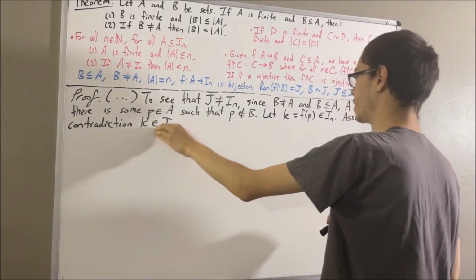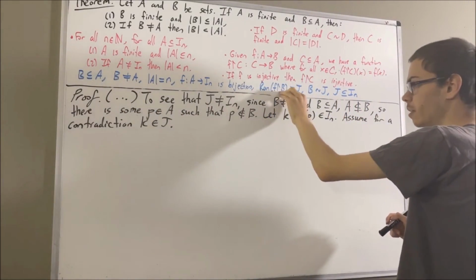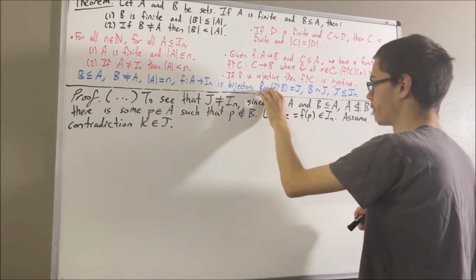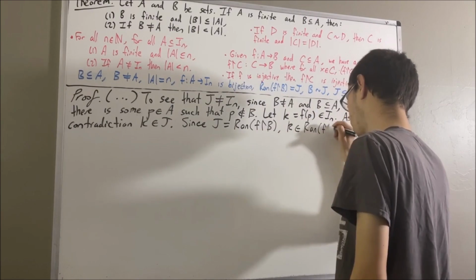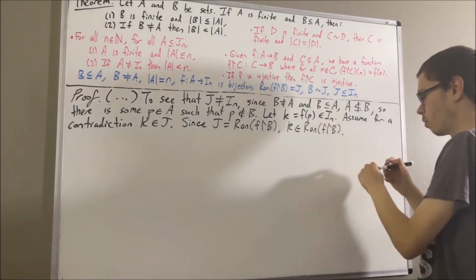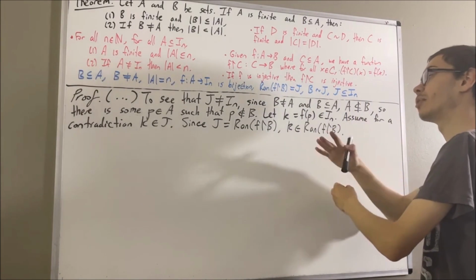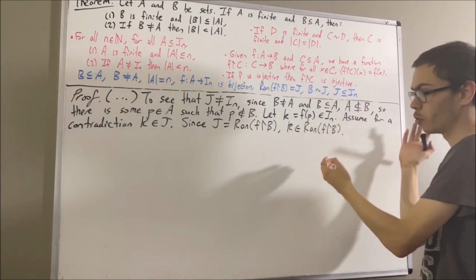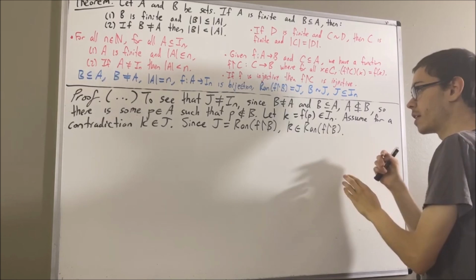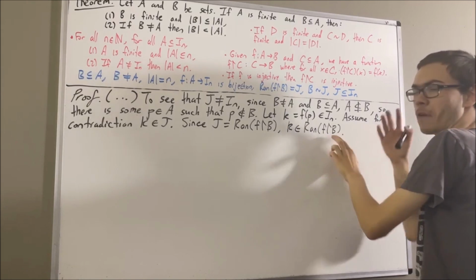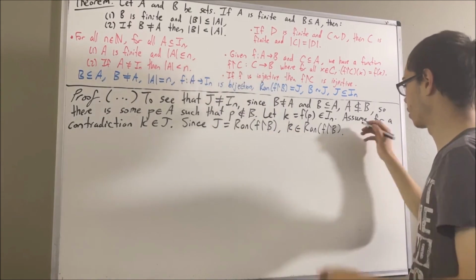Well, since j is equal to the range of the restriction of f to b, k is an element of the range of f restricted to b. What does this mean? Well, it means that there is some element, say q, in the domain of f restricted to b, such that the restriction of f to b evaluated at q is equal to k.